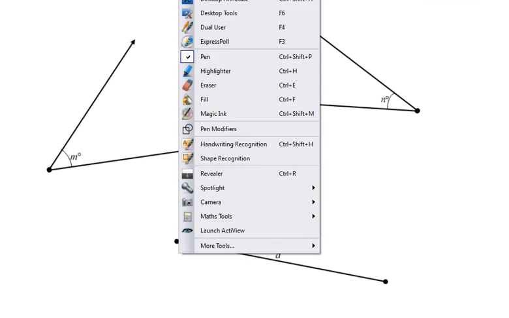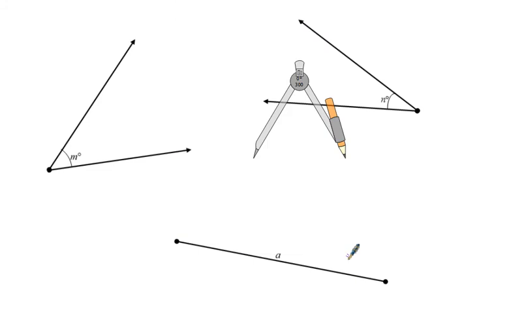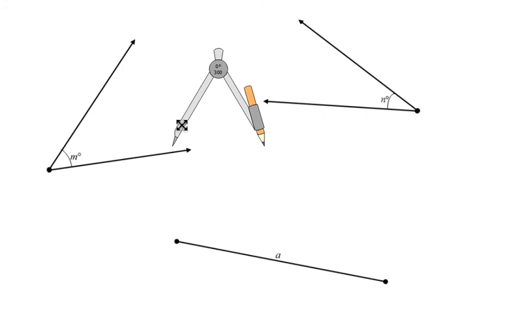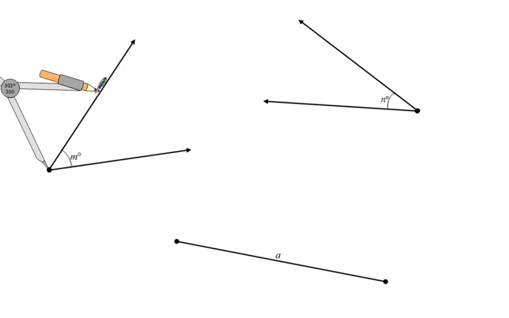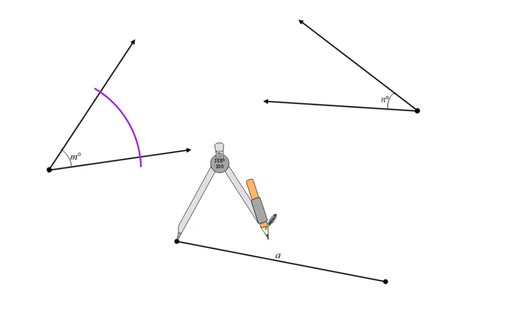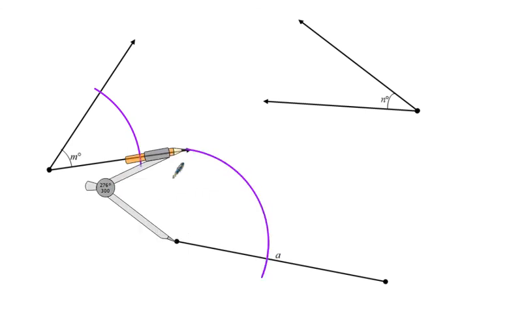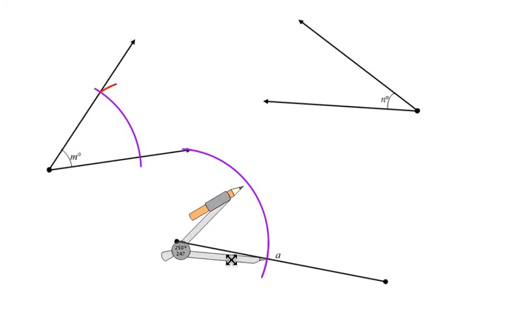Okay, I'm going to wheel out my compass, and we would like to make a copy of angle M on one of the sides of the segment that we're given. I'm just going to be using my copy angle technique. Make an arc here, similar arc here. We'll go back and measure the span of this angle, and I'm going to copy that span down here.